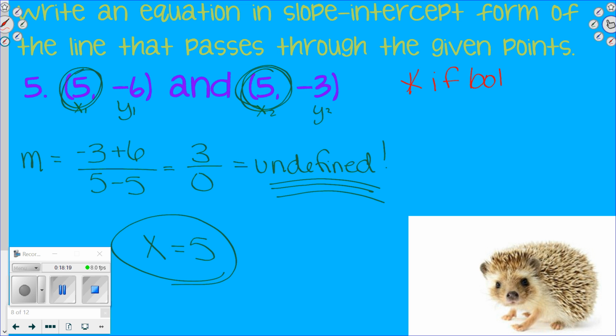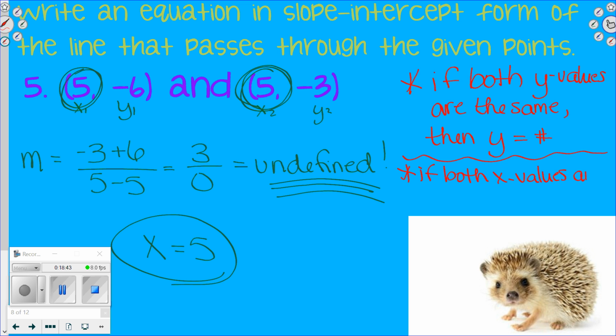If both y values are the same, then y equals whatever that number is. That's your equation. If both x values are the same, then x equals that number. Those are your equations.